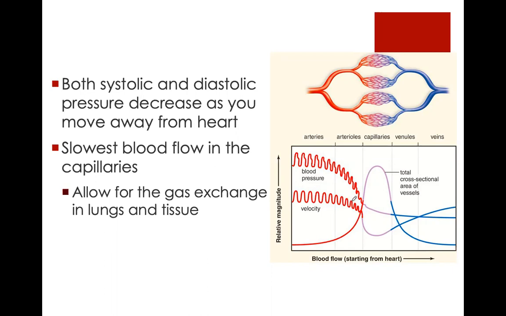In arterioles, it starts to drop, but it's not as significant until it reaches your capillaries. You can see this significant dip as it reaches the capillaries. After it passes the capillaries and empties into the venules and veins, you notice that the speed picks up again. So the question is, why do I have the lowest velocity when I'm passing through the capillaries?